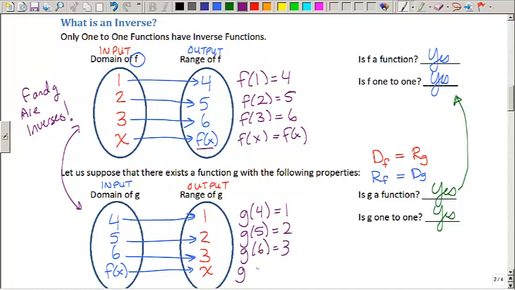be very careful. We have g of our domain, and our domain in this case is f of x, g of f of x, and I should be getting out x. Well, what do we have right here? This is a composition of functions.